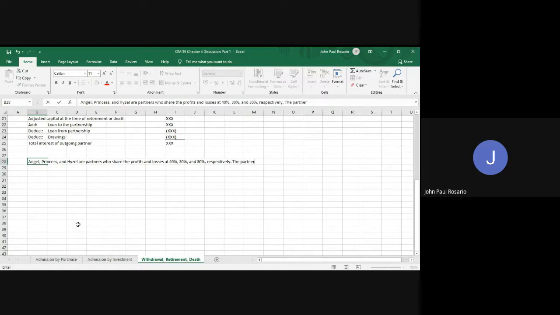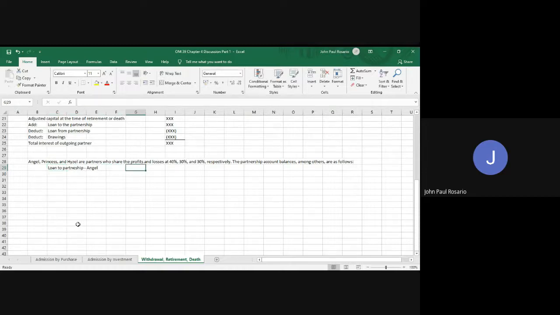The partnership account balances, among others, are as follows. Okay, so loan to partnership, 20,000.